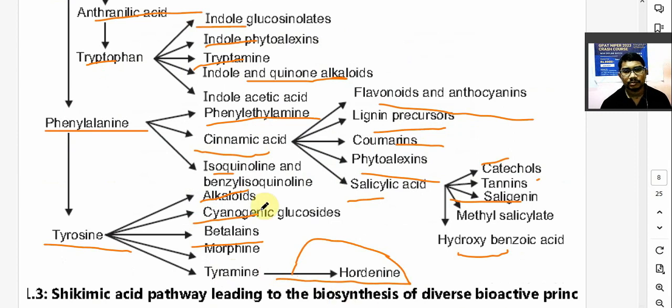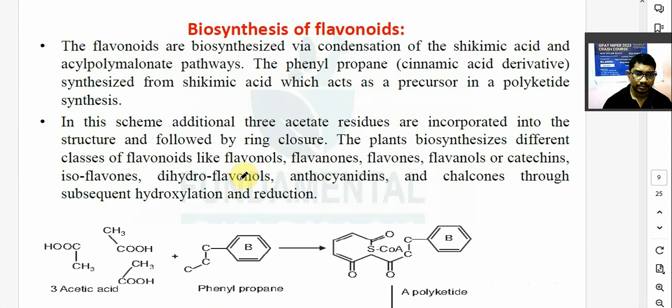They have many ketone groups. In this scheme, 3 acetate molecules are condensed. In the synthesis of flavonoids, 3 acetate molecules are condensed to form a phenylpropane. So 3 acetate residues are incorporated into a structure followed by ring closure.